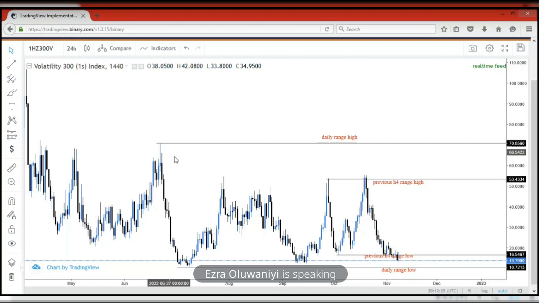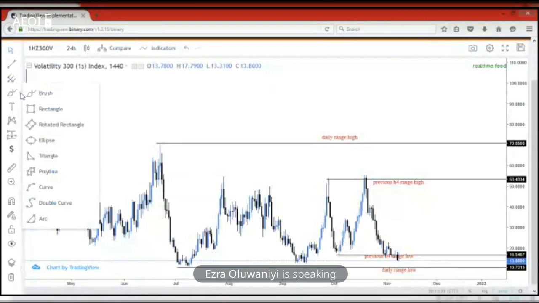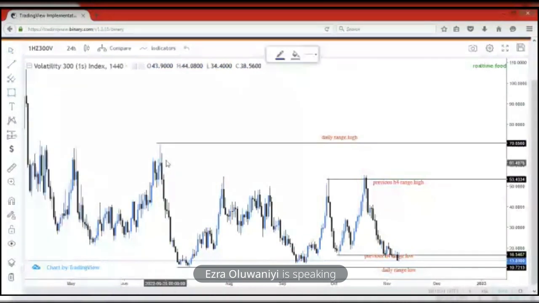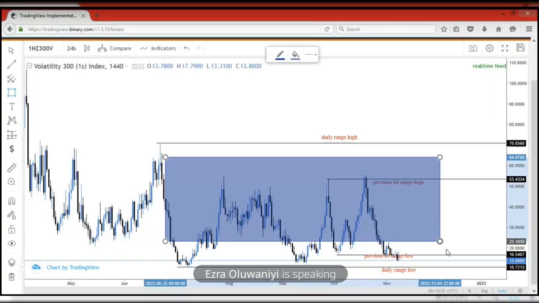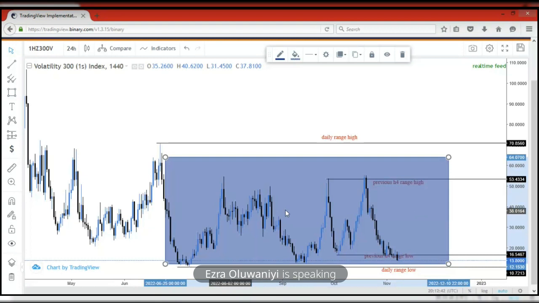Currently, this asset is still ranging. On this time frame, it's still ranging within this daily range. It has not broken up and it has not broken down. So this is a complete range market. I wouldn't love to get involved in this market.